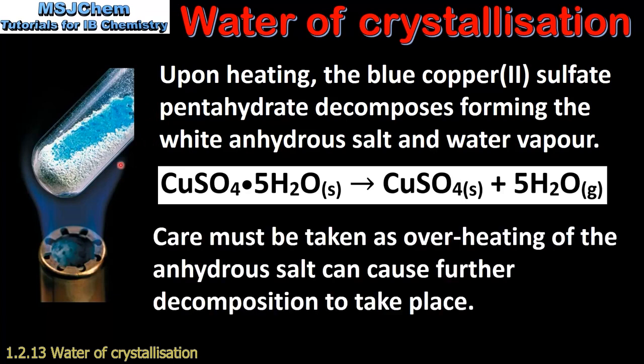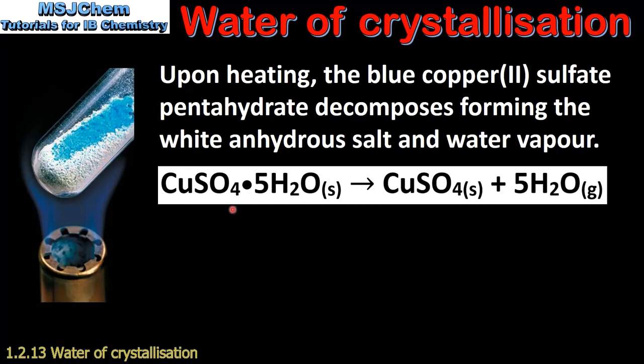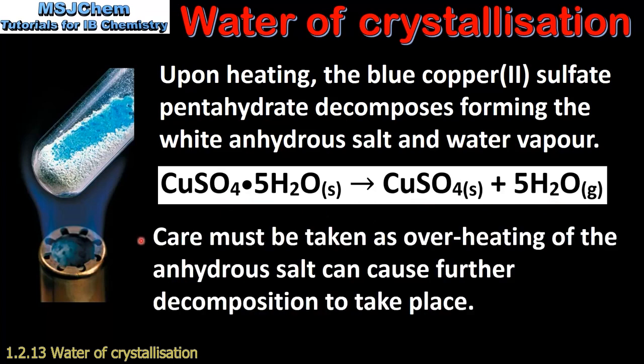On the left we can see the blue hydrated salt being heated, forming the white anhydrous salt. And here we have the equation for the decomposition of copper sulfate pentahydrate into the anhydrous salt and water vapor. Care must be taken as overheating of the anhydrous salt can cause further decomposition to take place.